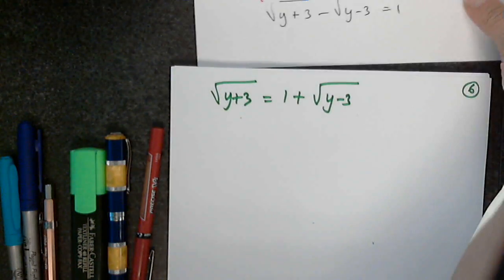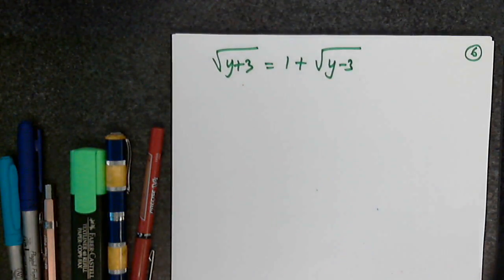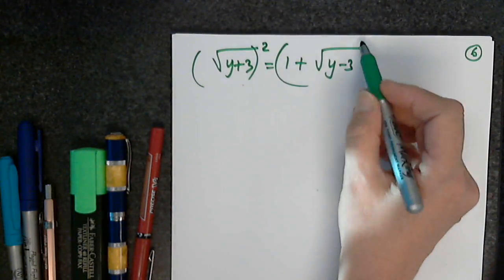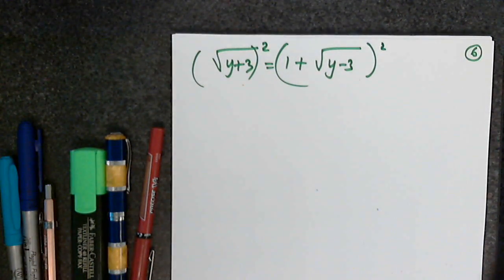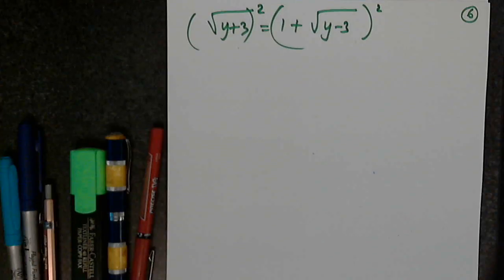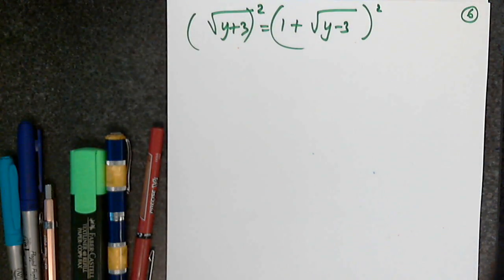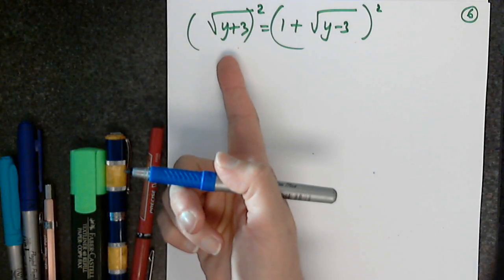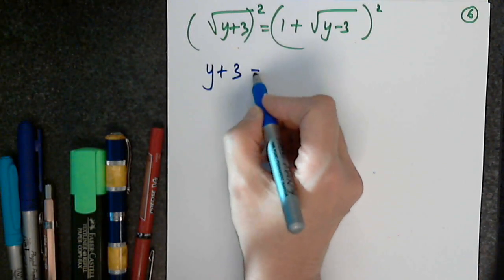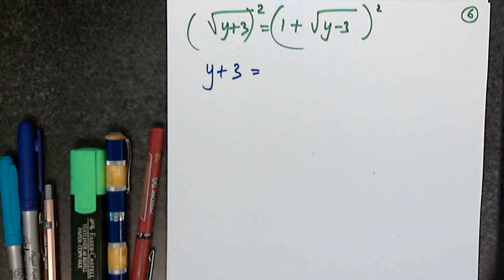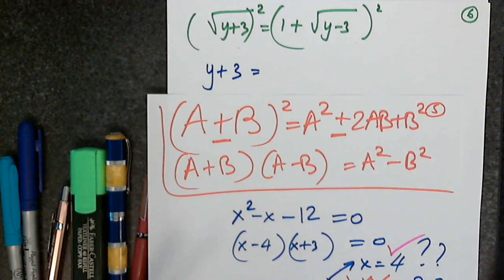It is easier to square it in this form than to square it when both radicals are on the same side. The left-hand side is easy. But the right-hand side requires the formula again. Here it is.